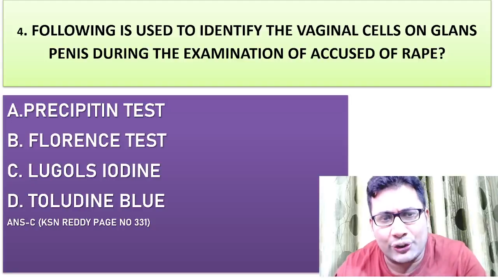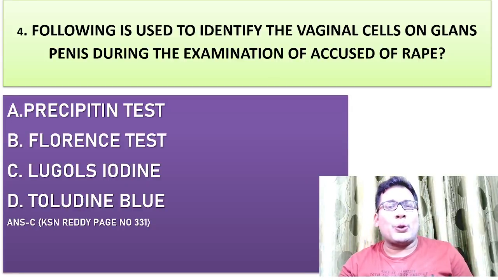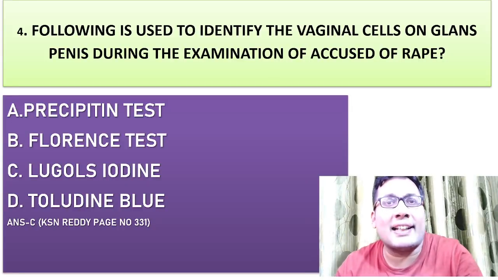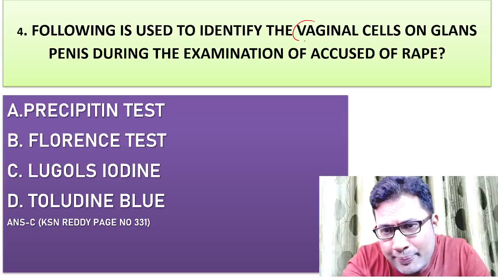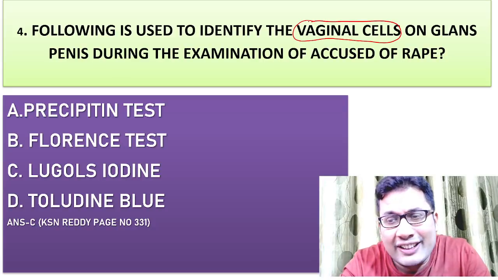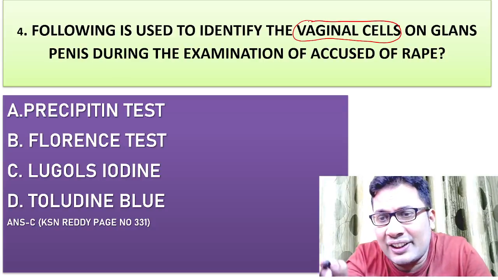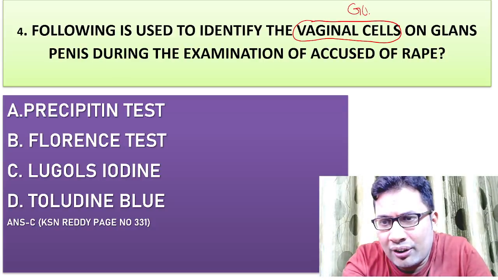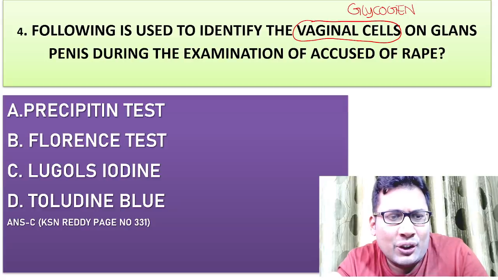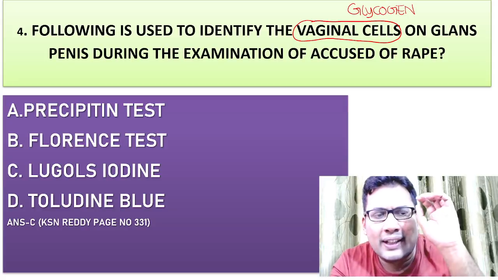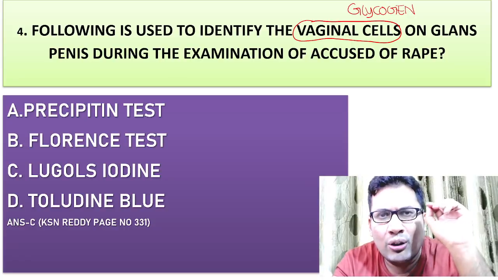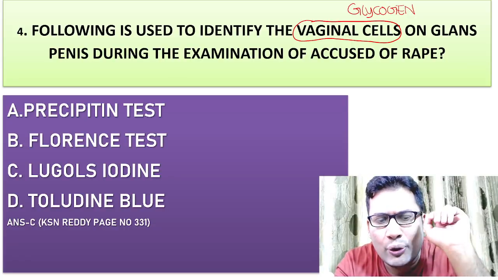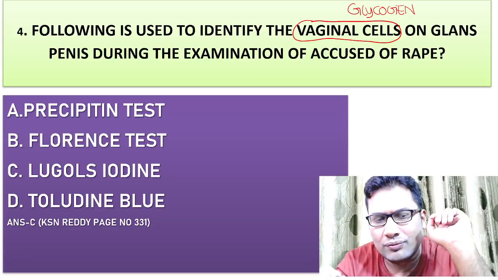Let's see the fourth question. Following is used to identify the vaginal cells on the glans penis during the examination of the accused of rape. We discussed many times in our classes, vaginal cells are rich in glycogen. Options are precipitin test, Florence test, Lugol's iodine, toluidine blue.